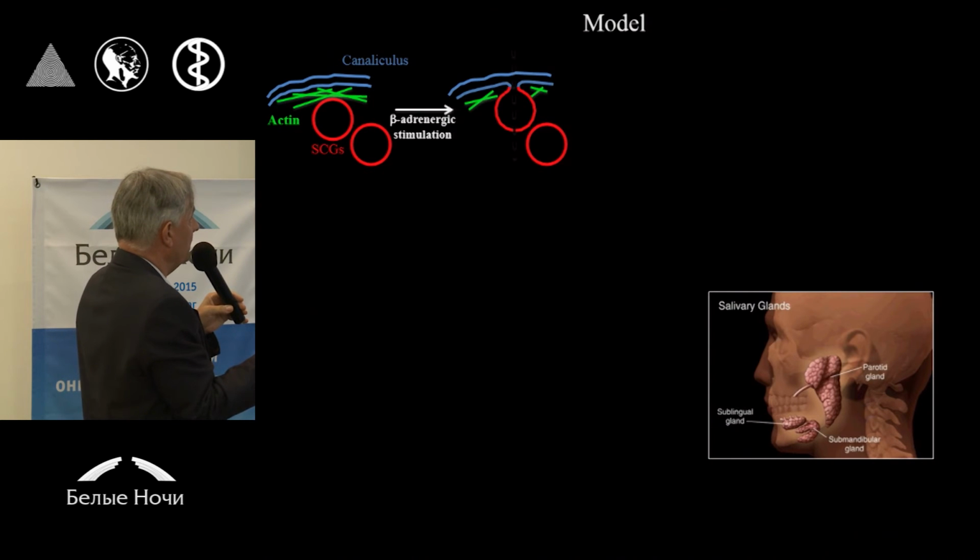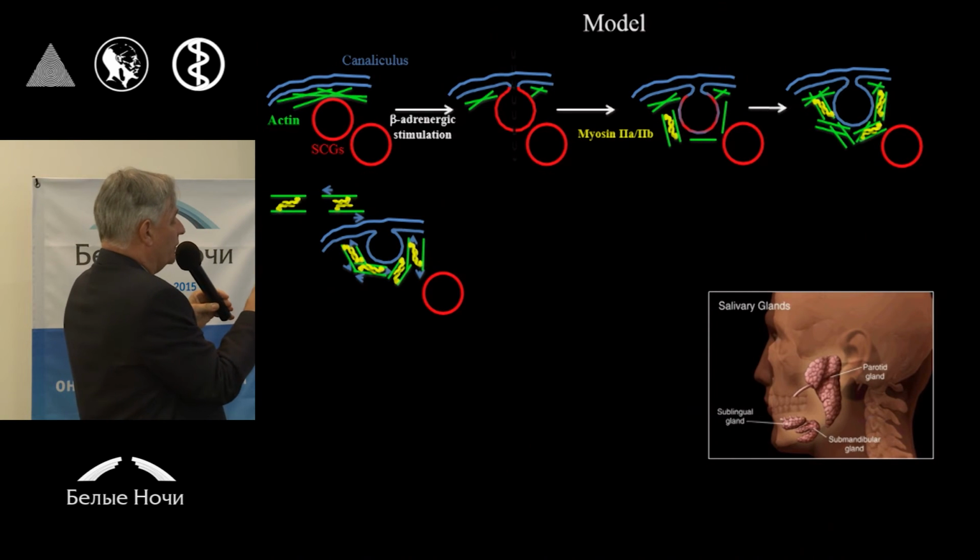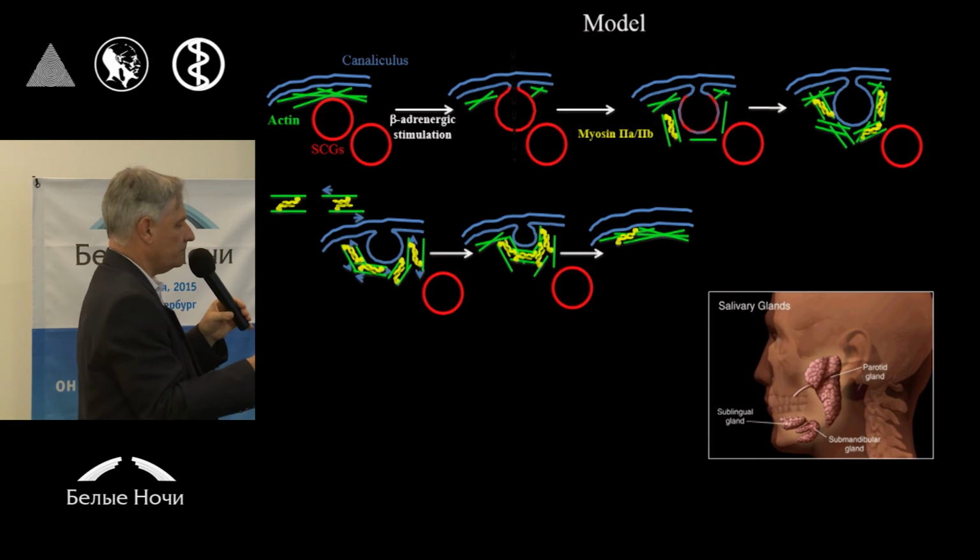Now, work that's previously been done at NIH by Roberta Wiggett's lab has shown that when you stimulate the salivary gland, these large granules now assemble an actin cytoskeleton around the granule. They recruit myosin motors and they then squeeze the contents of the granule to remove the contents into the canaliculus, which then becomes part of the saliva.